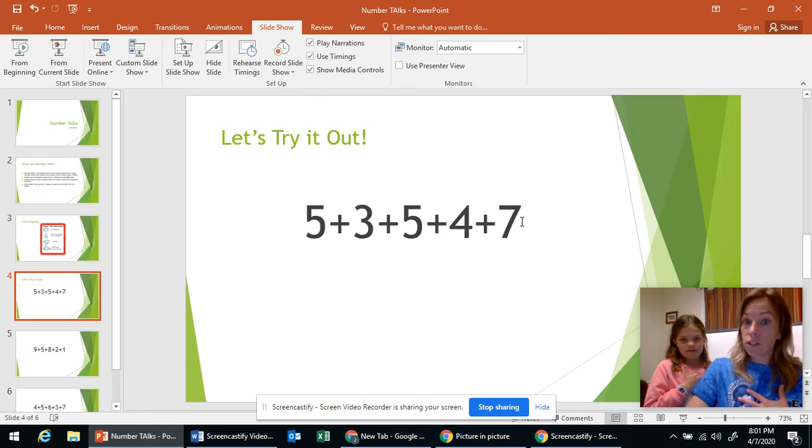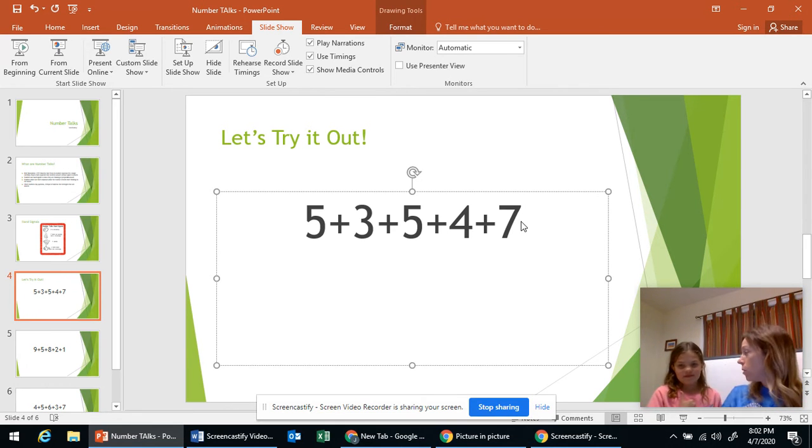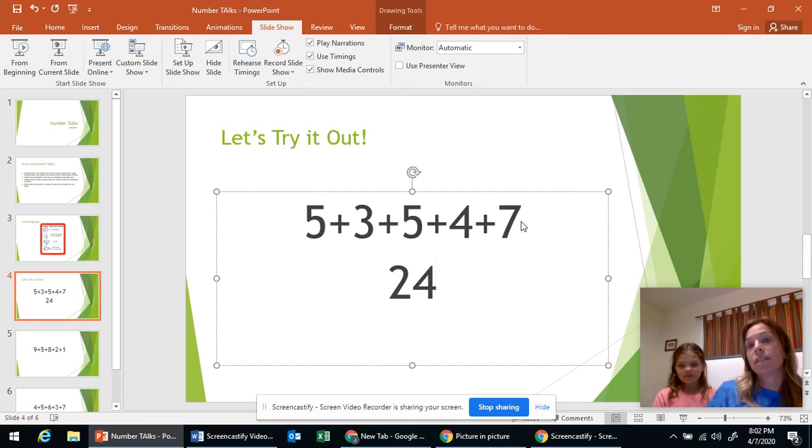If I am the teacher in this case, I would call out for answers. Okay, Isabel, what do you think the answer is to 5 plus 3 plus 5 plus 4 plus 7? 24. Okay, and what I would do in the classroom is list about 3 solutions. Sometimes there's only one solution because they all agree, and that's perfectly fine too.